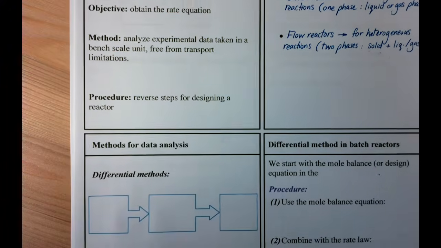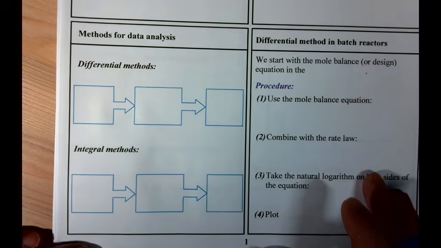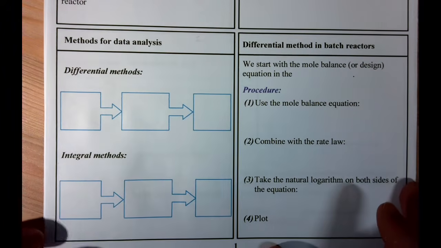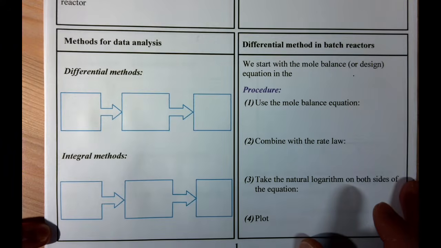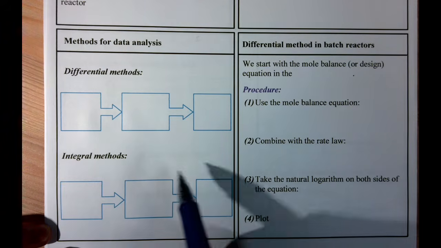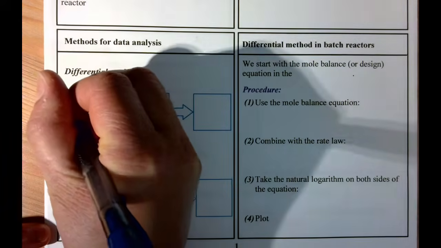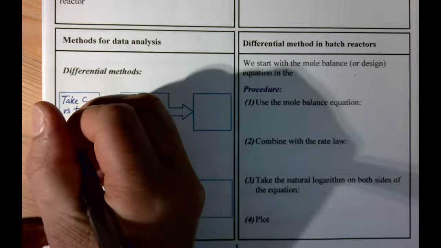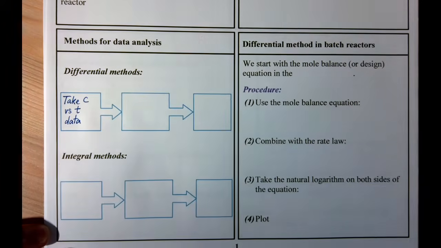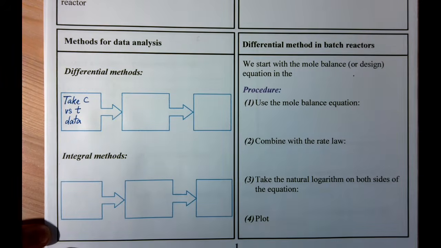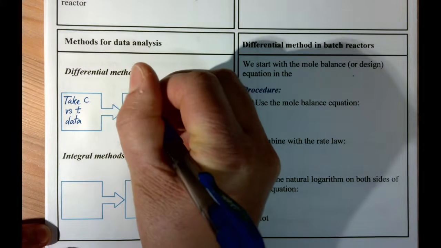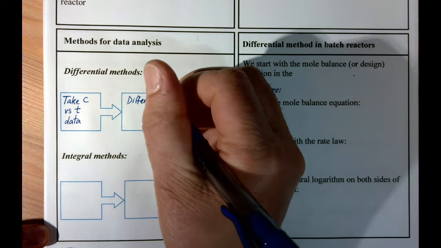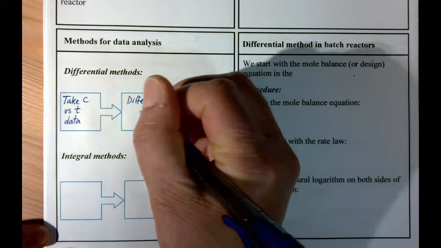Now let's see what the methods are for data analysis. There are two types of methods that we're going to look at, which are differential and integral methods. In the differential method, the flowchart for information is that you first take concentration versus time data experimentally in your reactor. Then you take that experimental data and you differentiate it numerically.